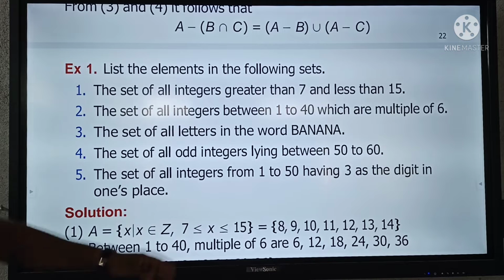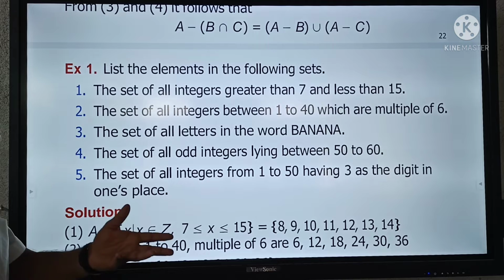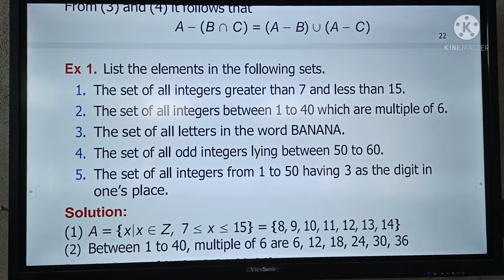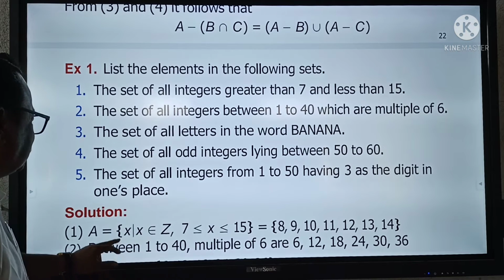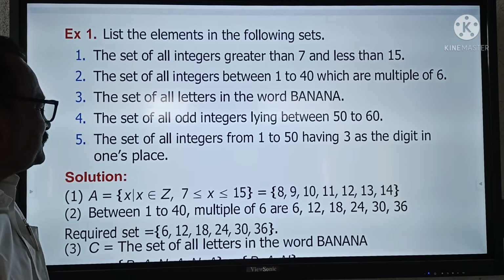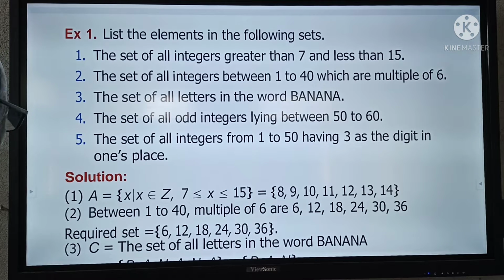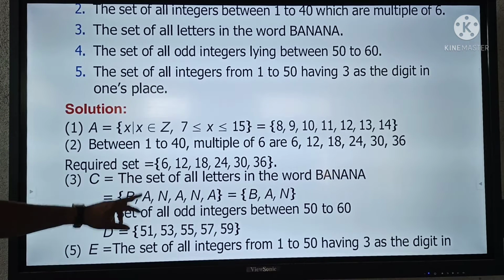Next, the set of all integers from 1 to 40 which are multiples of 6. So the required set is written in this way.